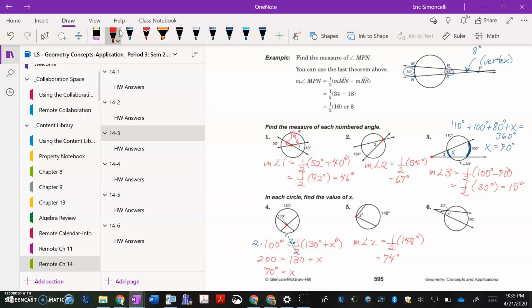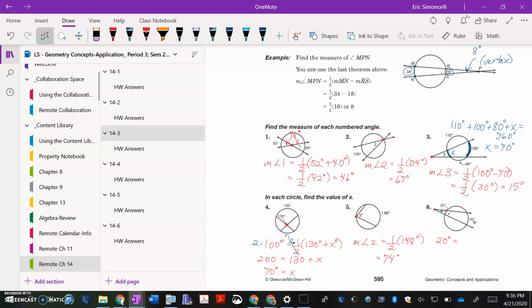Number 6. Moving on, last problem. Apparently, we've actually seen a problem like this already today, like number 3 and the example up above. This angle of 20 degrees is formed by the two secants that we can see cutting through the circle.